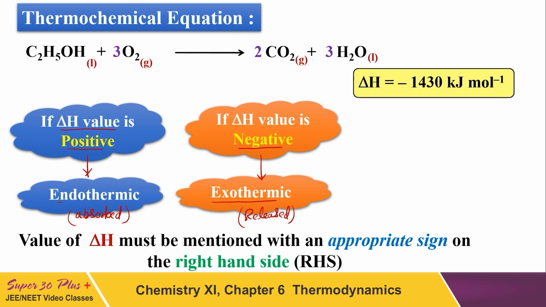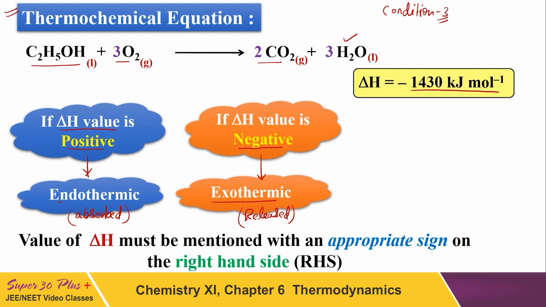Now C2H5OH, when it reacts with oxygen, gives carbon dioxide and water, and delta H is minus 1430 kilojoule per mole. If this heat is represented in the given chemical equation, then it is called a thermochemical equation. This is condition number 3.